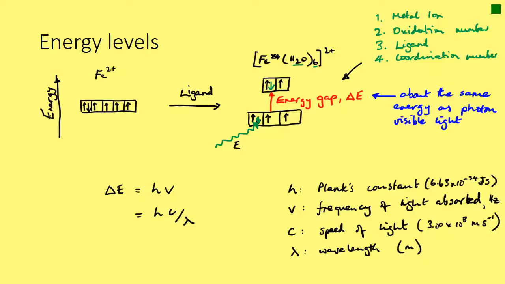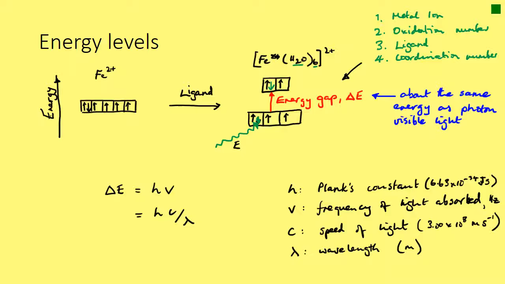And then what we can say is that there is now an energy gap between these two of the 3d orbitals and the other three 3d orbitals. So let's call that energy gap.